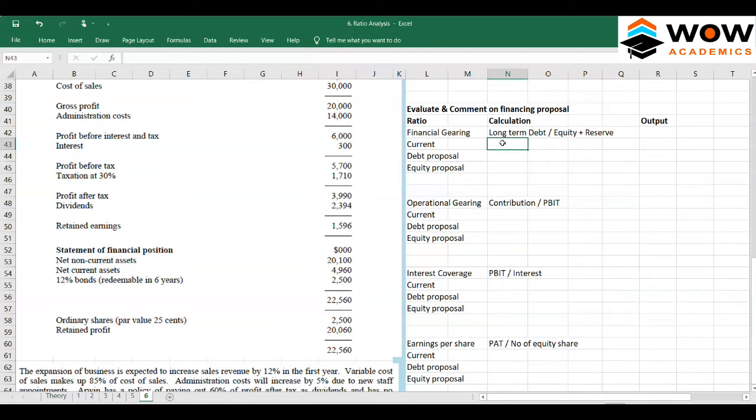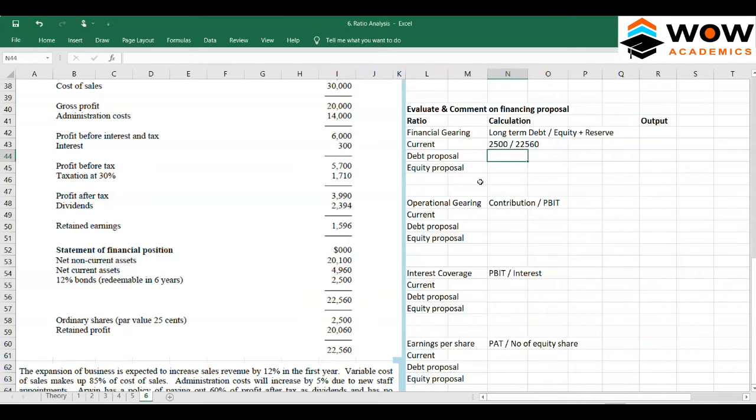Okay, so what is the current long-term debt? So the long-term debt is this number. So we have that 2,500 divided by equity and reserve. So equity and reserve put together are this number, 22,560.